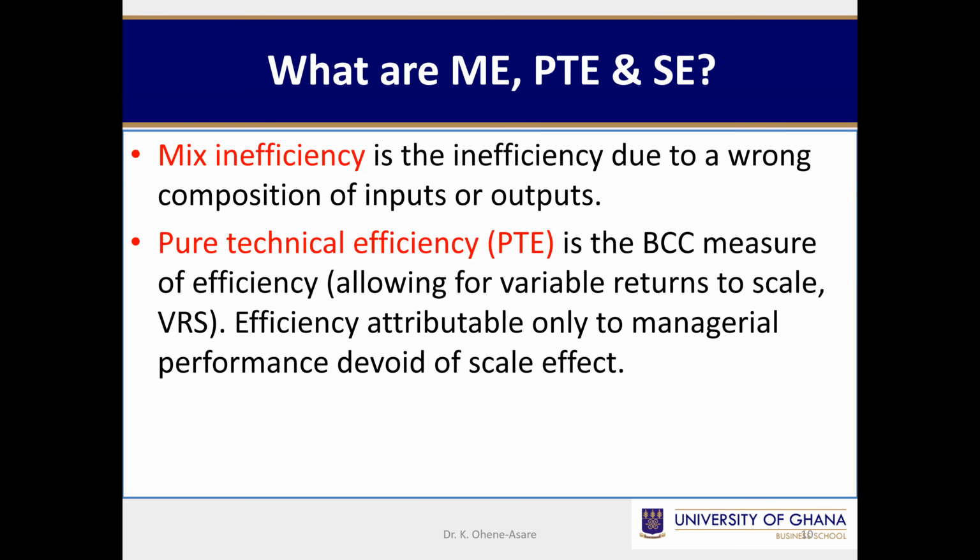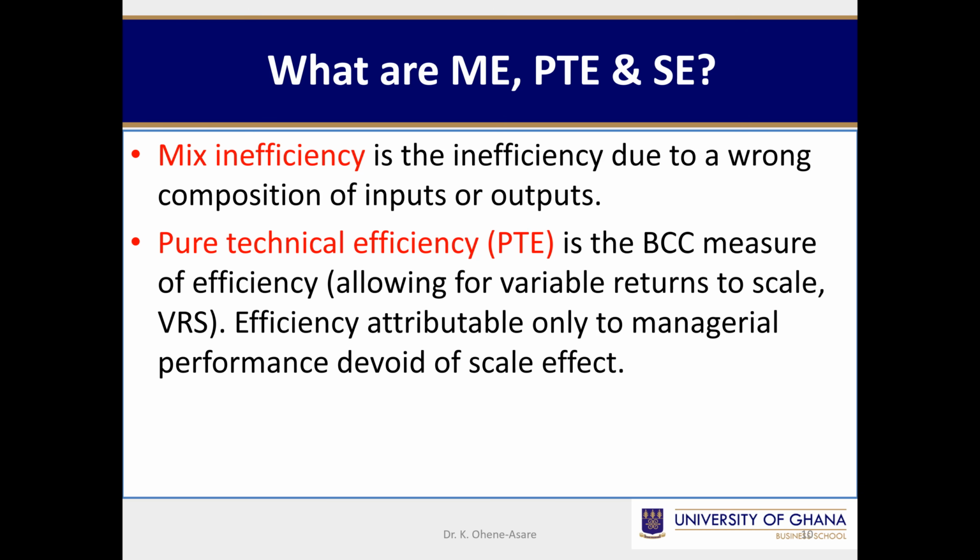Now let's go to the next efficiency, which is pure technical efficiency. In the course of this course, you're going to learn something, and it is the fact that one of the efficiencies is attributable to variable returns to scale, and another is attributable to constant returns to scale.